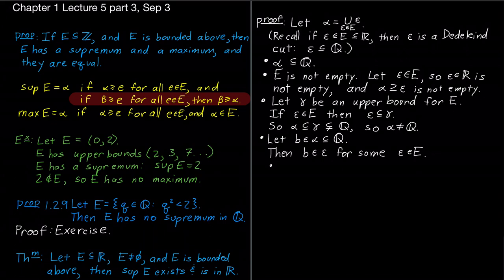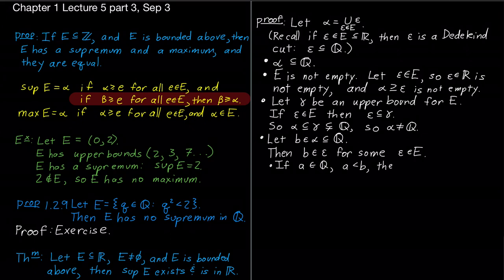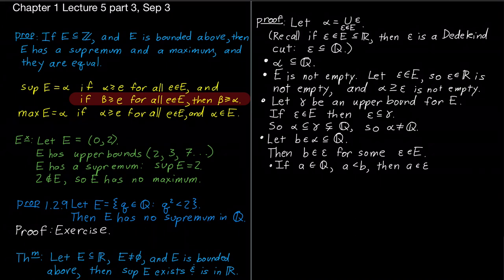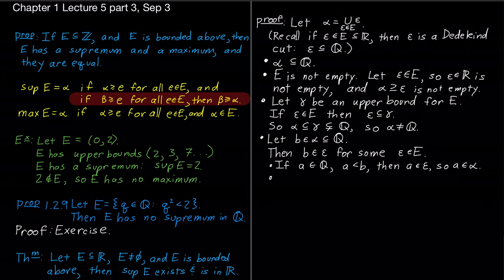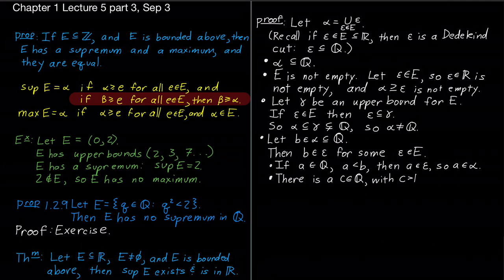And so first off, if A is in Q, A less than B, then A is in epsilon, so A is in alpha, and there is a C in Q with C bigger than B, and C is in epsilon, which is a subset of alpha.